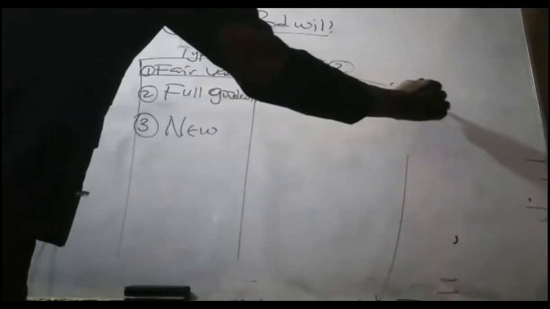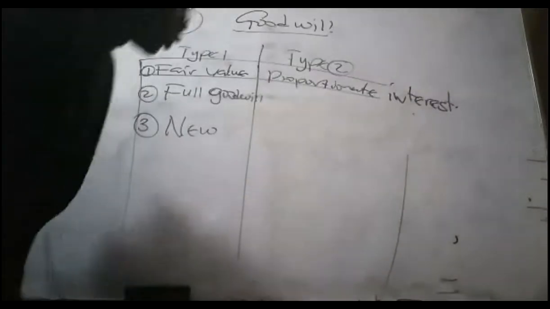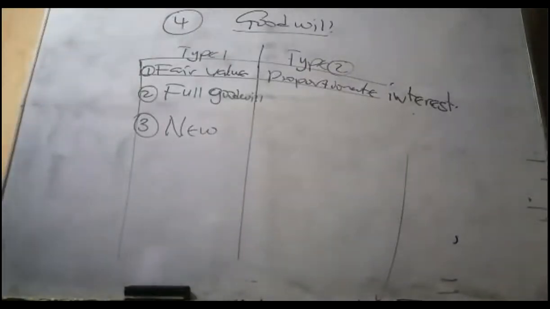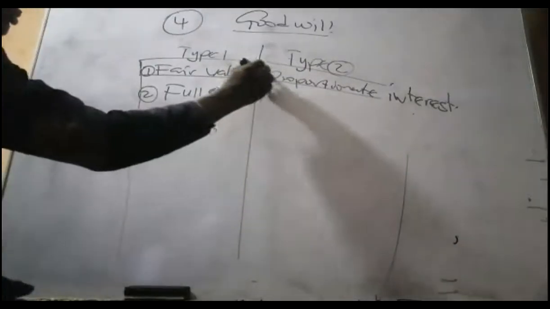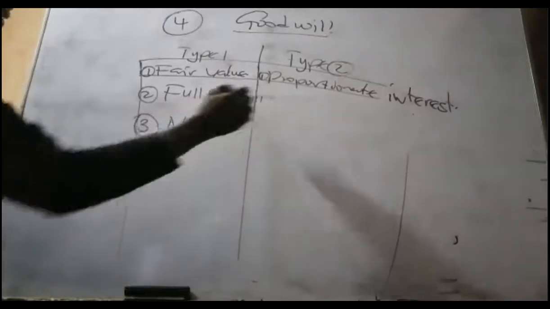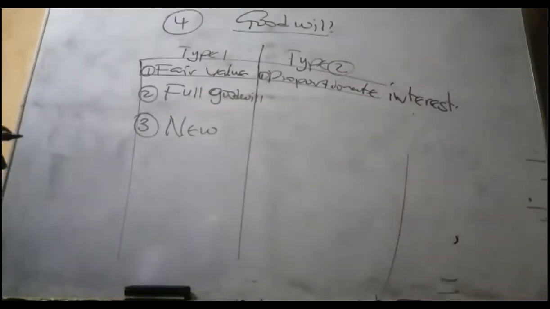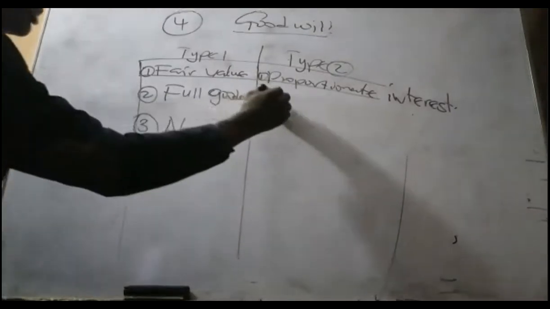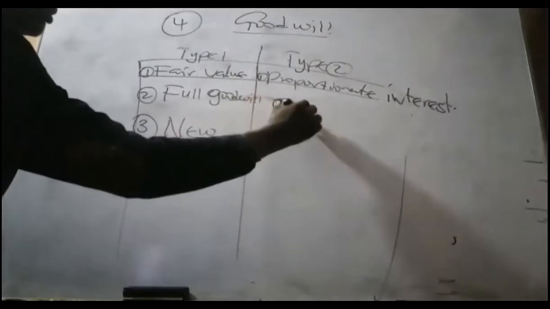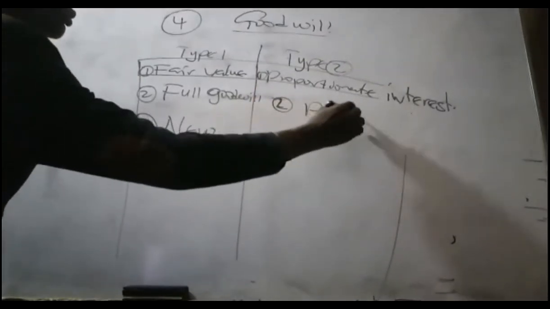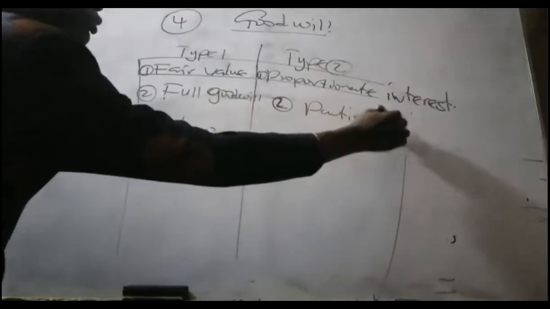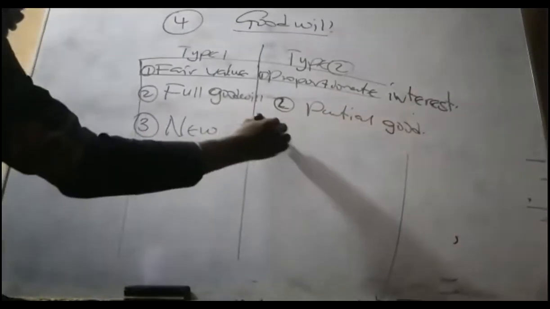Let me write the full amount here. Proportionate interest method. That's the first name. Name number 2: please, this is not half goodwill, so you can also call it partial goodwill.